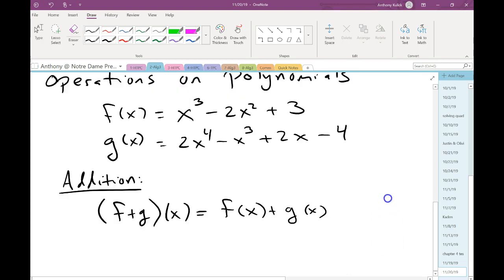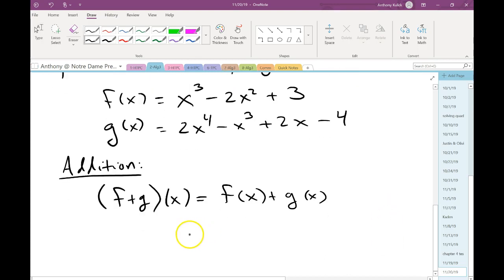And what does that really boil down to? We're just going to be combining like terms, right? Everybody agree with that? Okay.